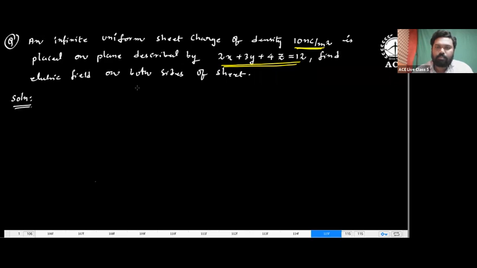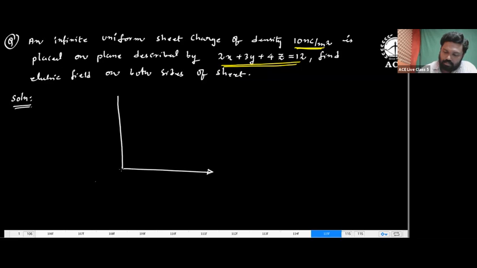Here it is the x-axis, y-axis, z-axis. Where this infinite sheet is located, how do you plot this one? To plot this, I have to find out the x coordinate. I'll make y and z zero. If I make y zero, z zero, what is the x?